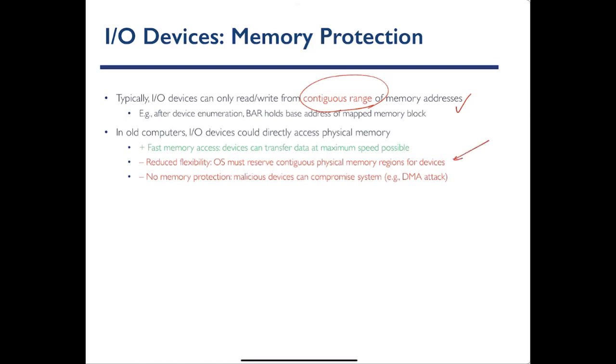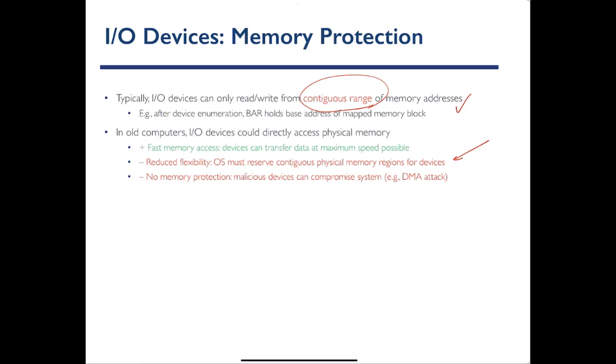If we have to allocate physical memory to them, then this restricts the operating system in terms of how it can manage physical memory, because you might have enough physical memory to allocate to your device, but it might not be contiguous. And this could lead to external fragmentation, for example, because your device cannot use separate and divided ranges of physical memory. It has to have a contiguous memory range.